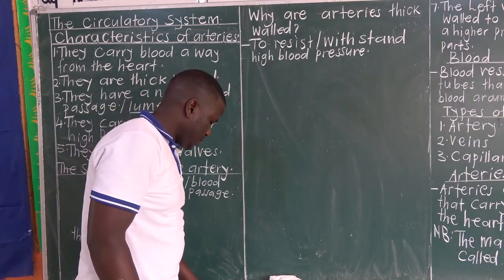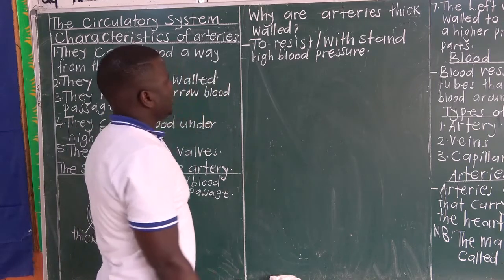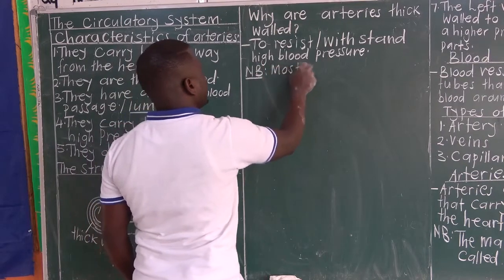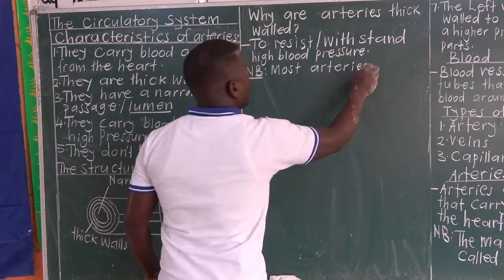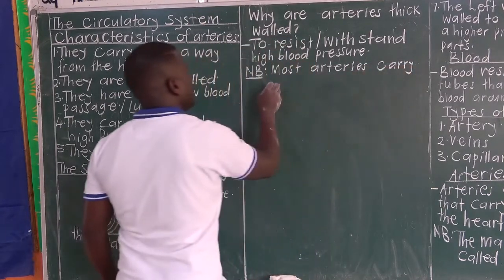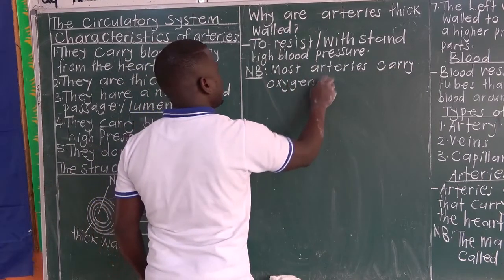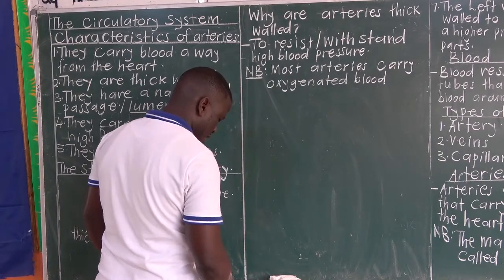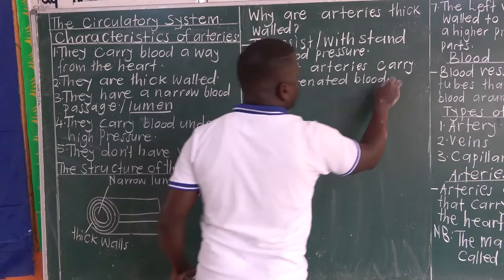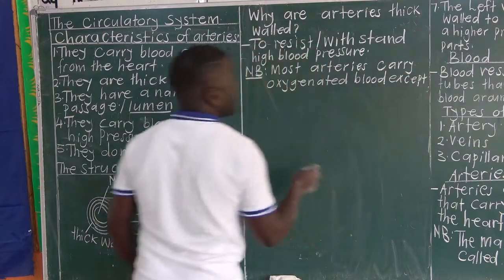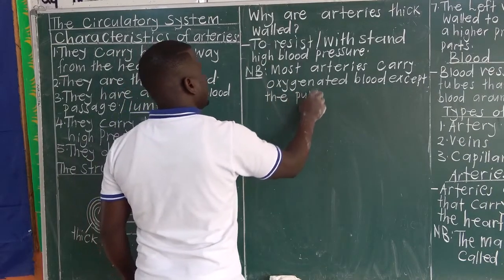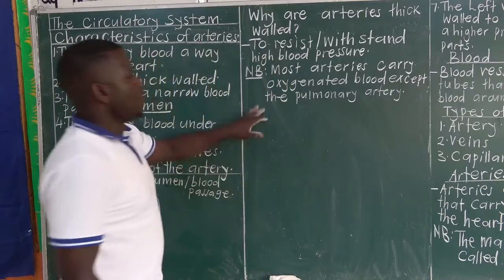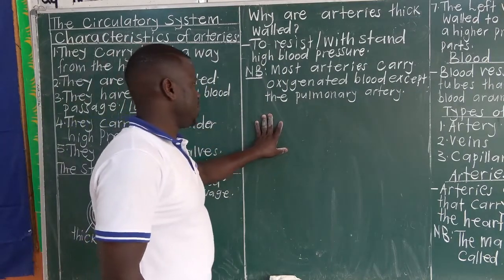So next we look at this. We say most arteries, NB, carry oxygenated blood, except the pulmonary artery.